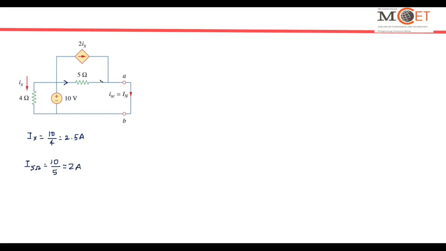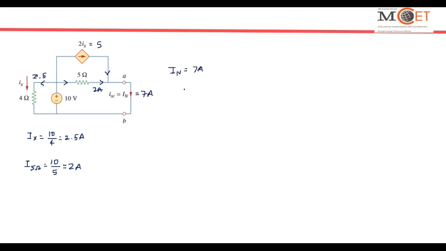Here 2 amps, and this current coming out is 2.5 amps, and 2 times 2.5 is 5. So 5 plus 2 is 7 amperes. So IN is equal to 7 amperes.